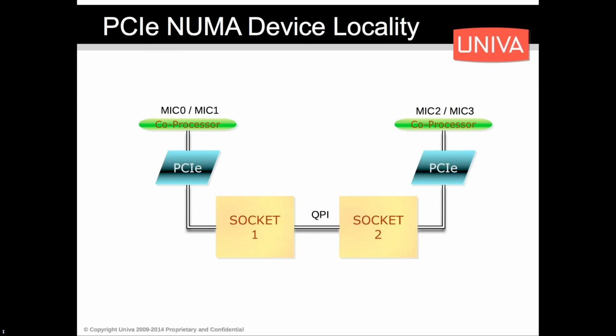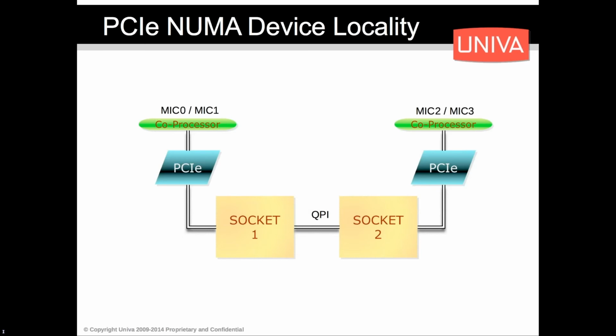On the left side, you can see socket 1, which has attached mic 0 and mic 1 through the PCI Express device. On the right side, you see socket 2, which has attached mic 2 and mic 3 through the PCI Express device.